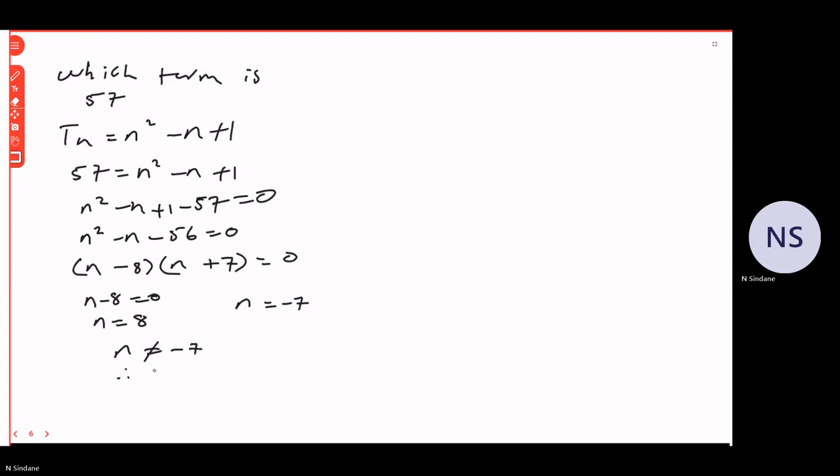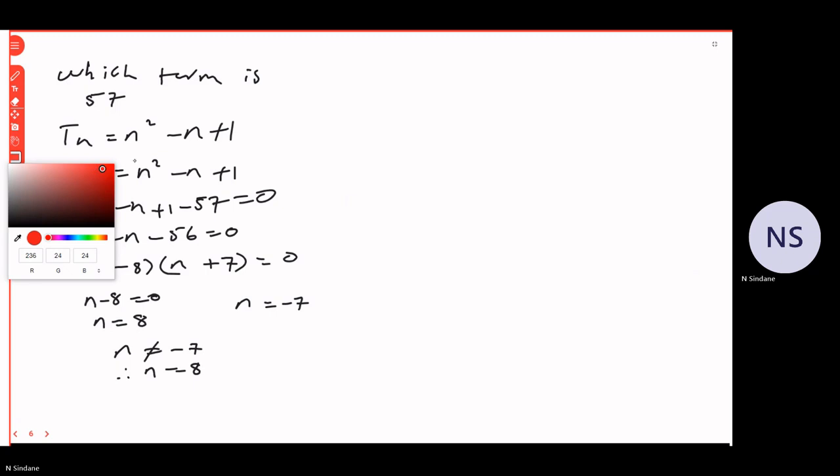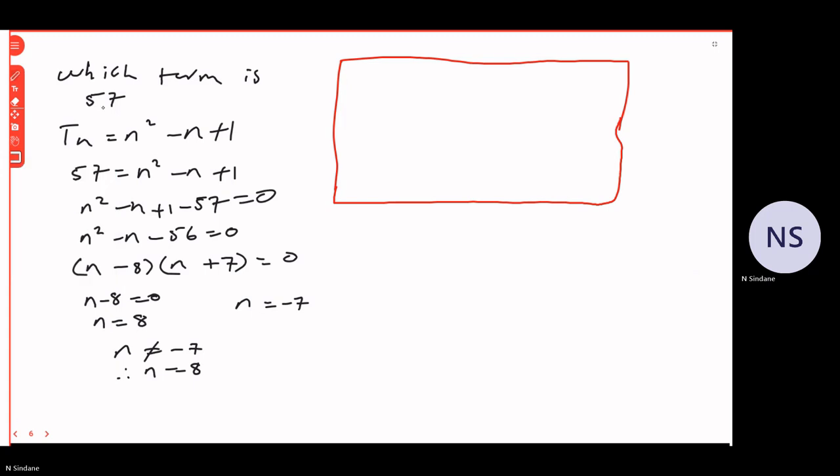This part is very important. The last part that I just did is very important. Let me give you things that you need to know about the value of n. The value of n cannot be negative. N cannot be a fraction or decimals.